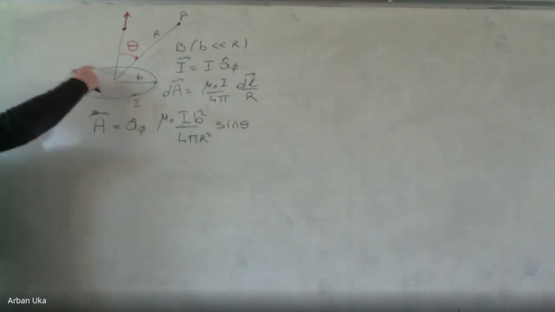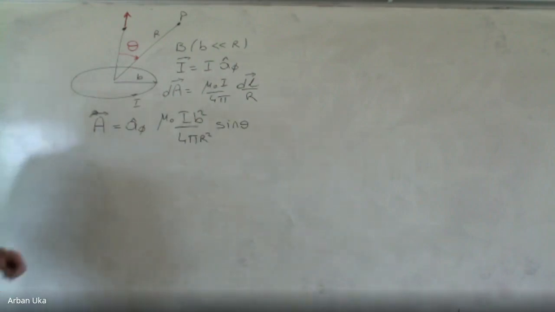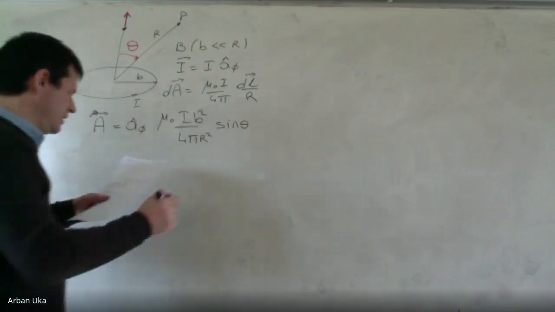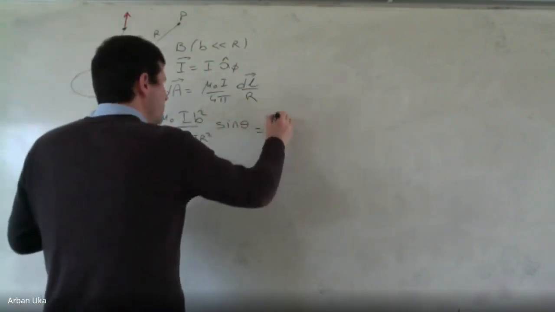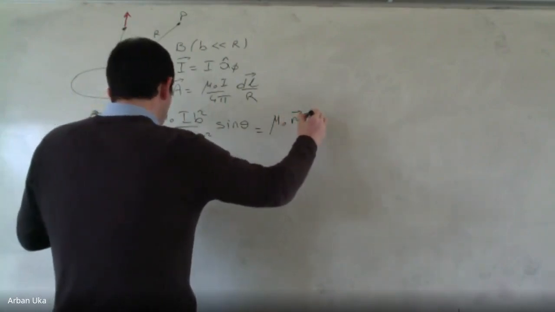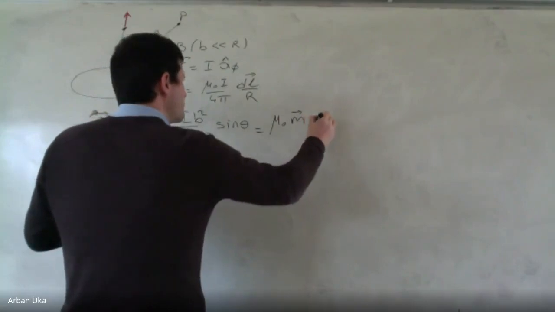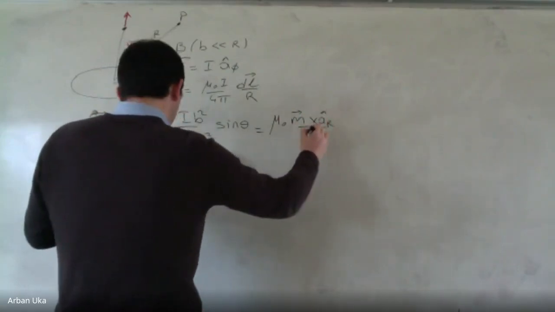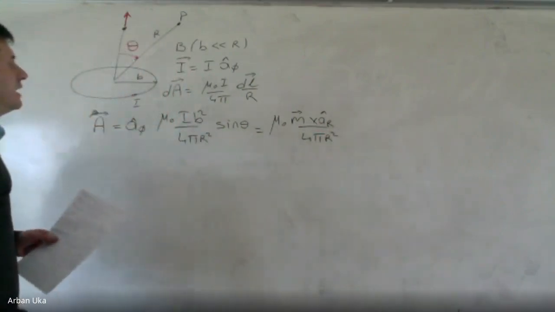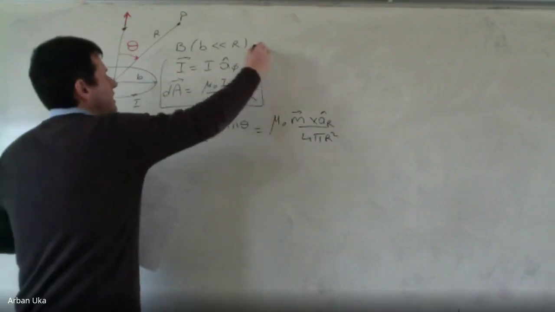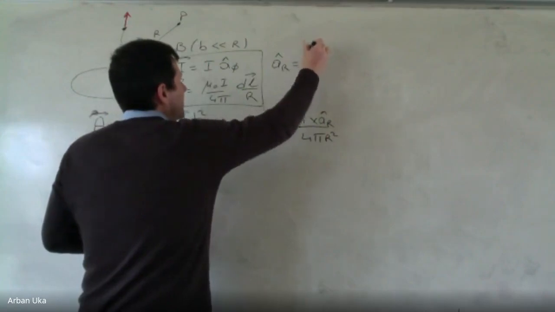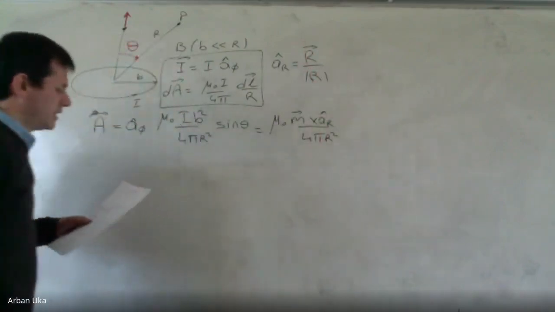It's easy to notice that the current has this direction of a phi, and immediately we can conclude that this should also be the direction of A. But if this is the A, then last time we wrote this as mu 0 times m, where m is the magnetic dipole moment, cross a R. As a reminder, a R is equal to the vector R divided by the magnitude of R.